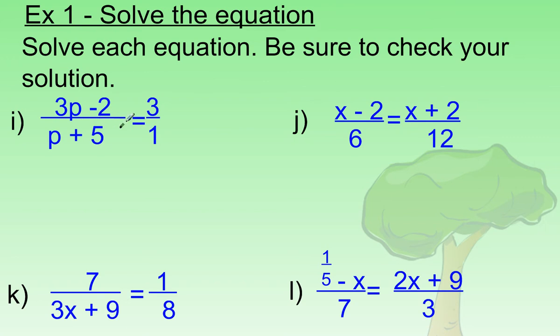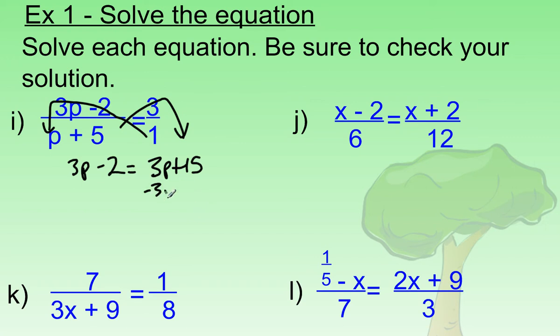Letter I, let's start by cross multiplying. 3 times p plus 5 gives me 3p plus 15. 1 times this stuff is just going to be that stuff, so 3p minus 2. I'm going to subtract 3p on both sides. These cancel out.